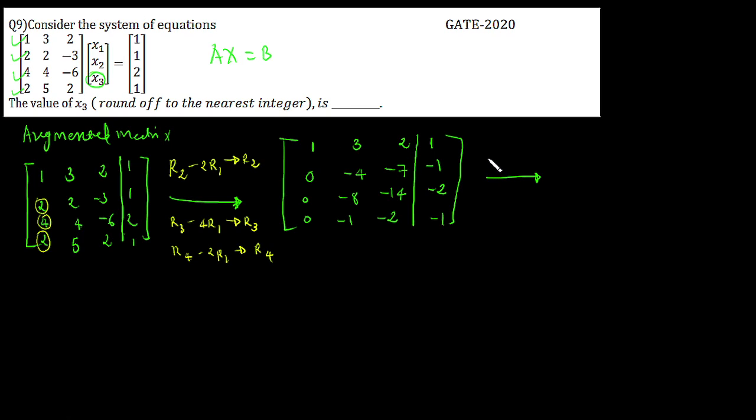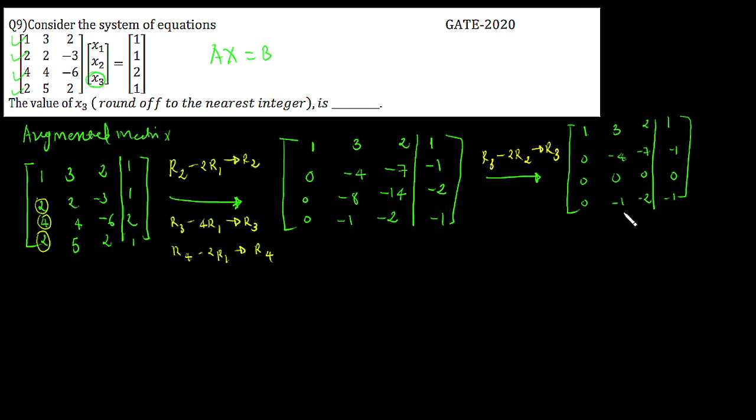We are subtracting 2 times the second row from row 3, and it will give us the new row 3. After this row operation, the first row remains as it is, the second row is 0 minus 4 minus 7 minus 1, the third row is all 0, and the fourth row also remains as it is.